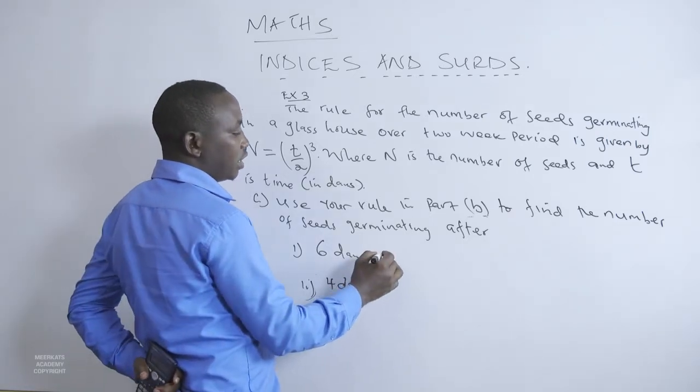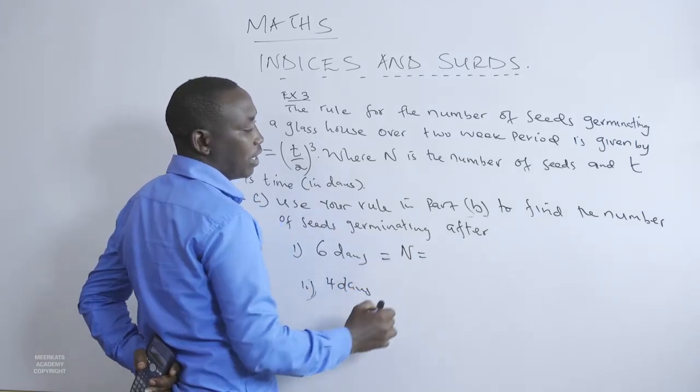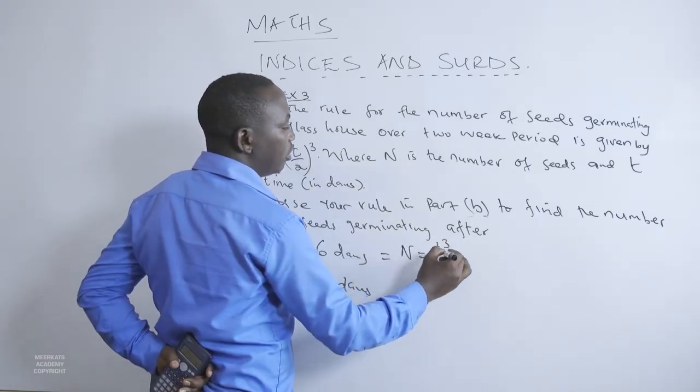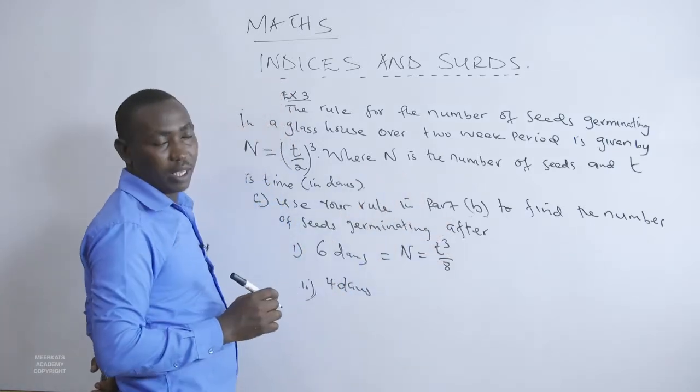Our rule in part B was n is equal to t cubed all over 8.